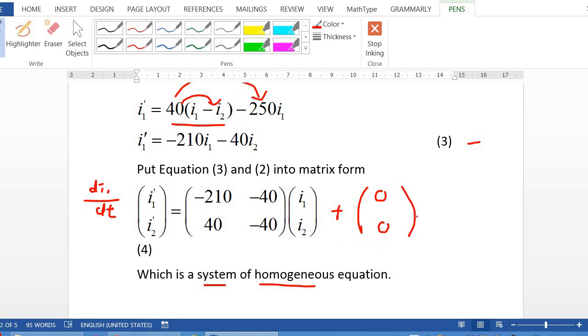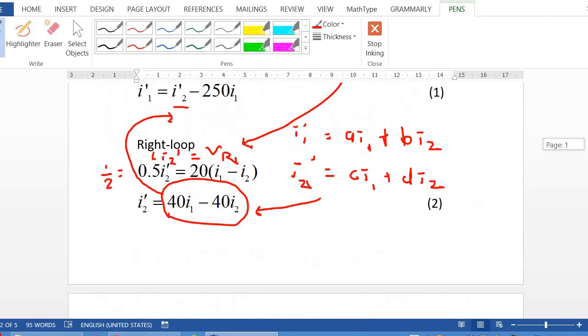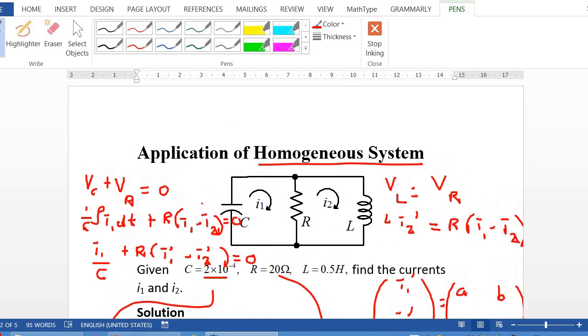If it plus a constant or a vector consisting of exponential term or trigonometric term, then this becomes a non-homogeneous system. Normally, if our network circuit does not have a voltage source, then we'll use a homogeneous system.